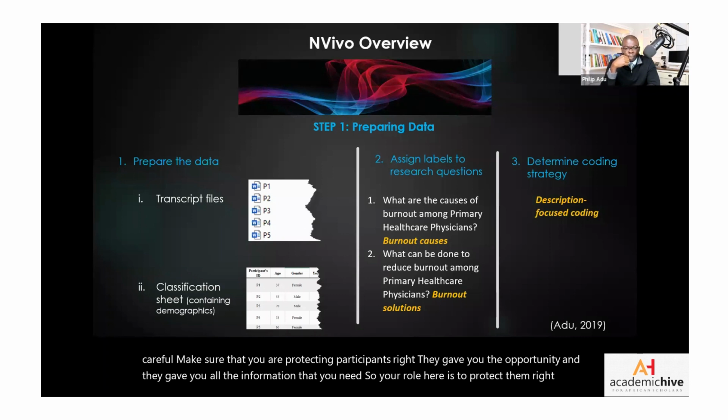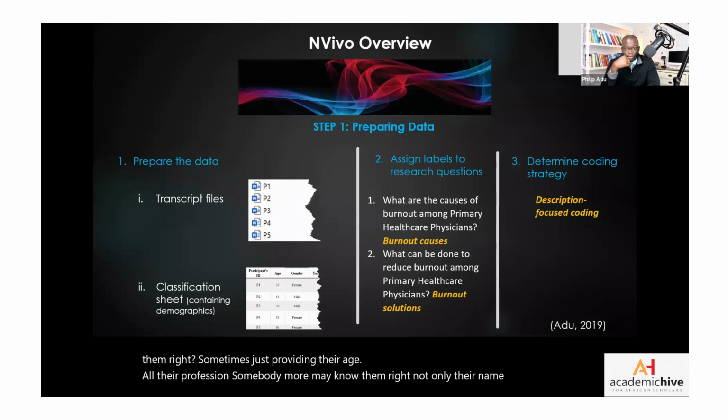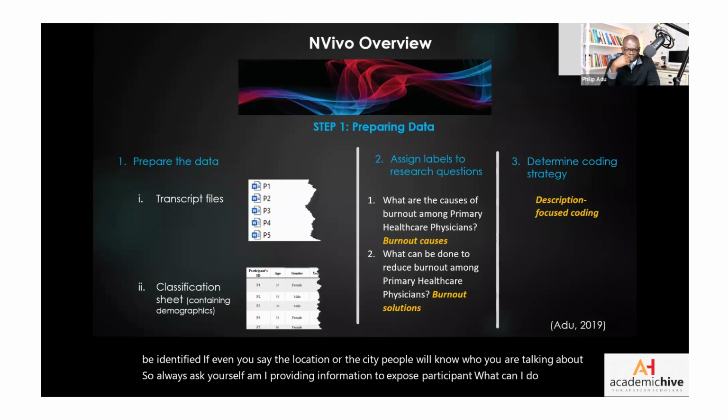Sometimes just providing their age or their profession, somebody may know them. Not only their name. So you have to be very careful, especially when you are dealing with a small group of people where they can easily be identified. If you even say the location or the city, people will know who you are talking about. So always ask yourself, am I providing information that exposes participants? What can I do to protect my participants, right?